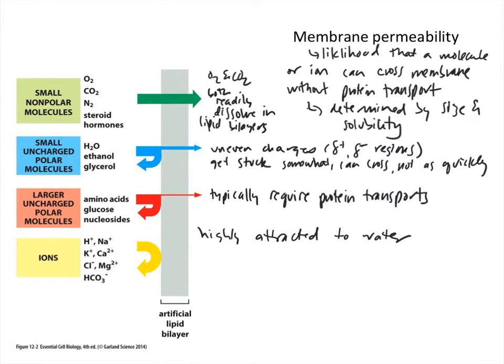And so that inhibits them from crossing into the hydrophobic portion of the membrane. So they get kind of stuck with hydration shells, different water molecules, kind of coating them. And so it's just really unlikely that they're going to be able to move across the membrane. Again, these would require some sort of membrane protein, and a lot of times these would be channel proteins.